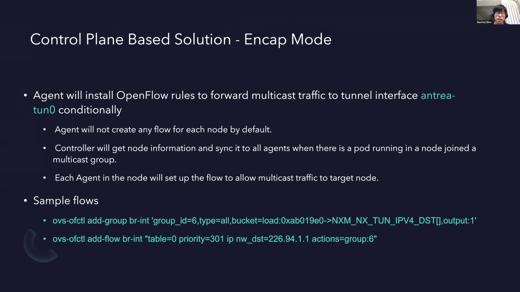When a pod running on a node joins the multicast group, the controller will get the node information and sync it to our agents, and then each agent in the node will set up the flow to allow multicast traffic to the target node. Here's a command line below. We have only one node IP in hexadecimal, which means only on that node do we have pods subscribing to a multicast group.